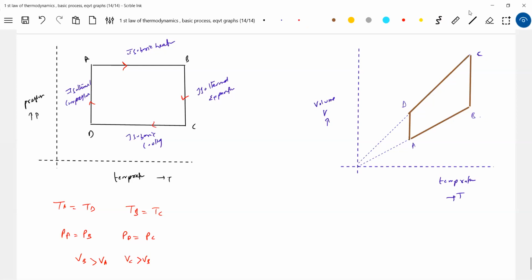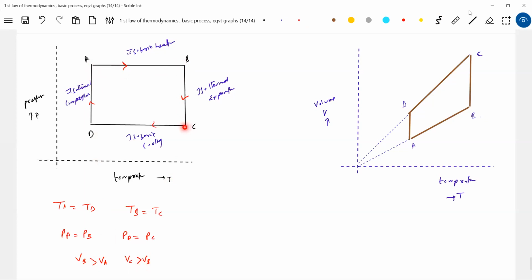Okay, we'll do one thing. Isobaric heating: as temperature increases, volume should increase. So VB greater than VA. Got it, no? Now come to isothermal expansion. In isothermal expansion, temperature will be constant, TB equal to TC, but volume will increase, so VC greater than VB.